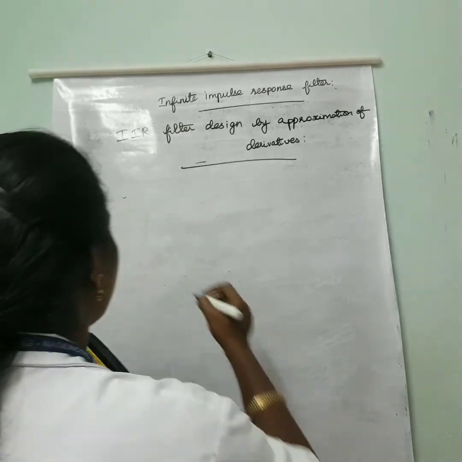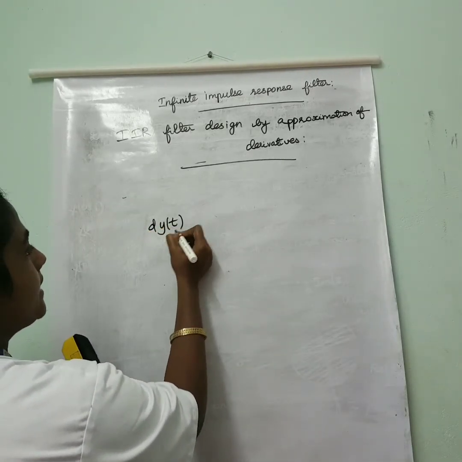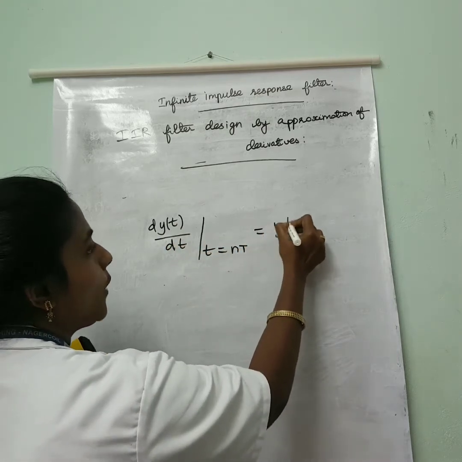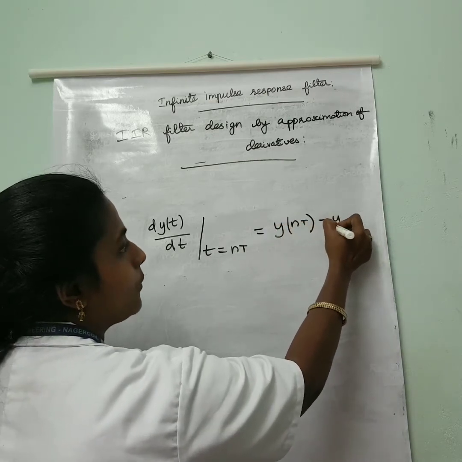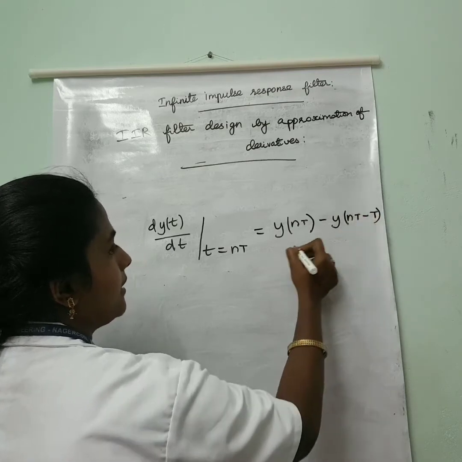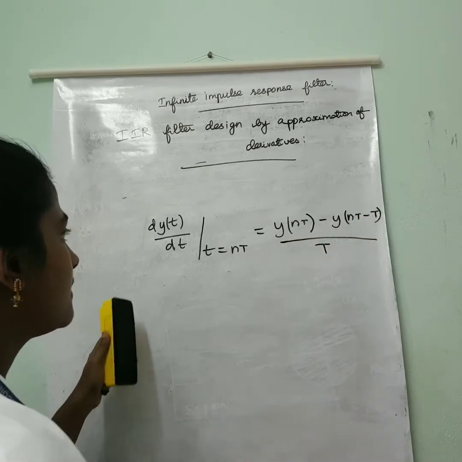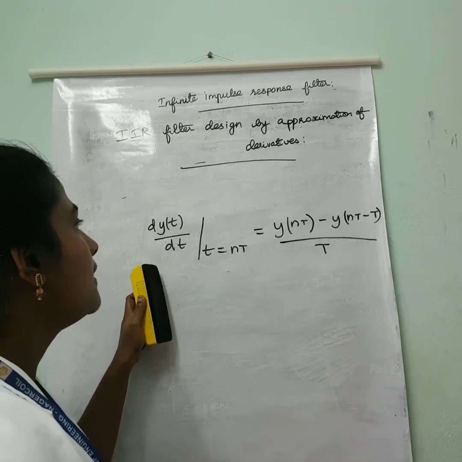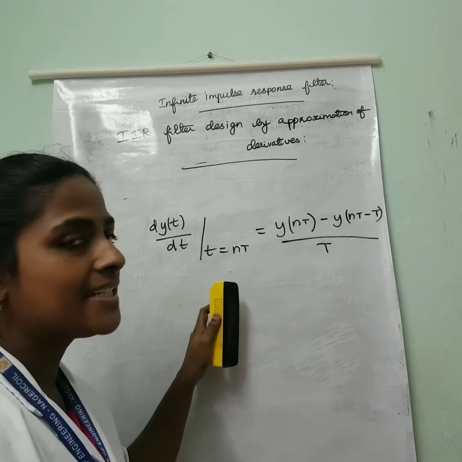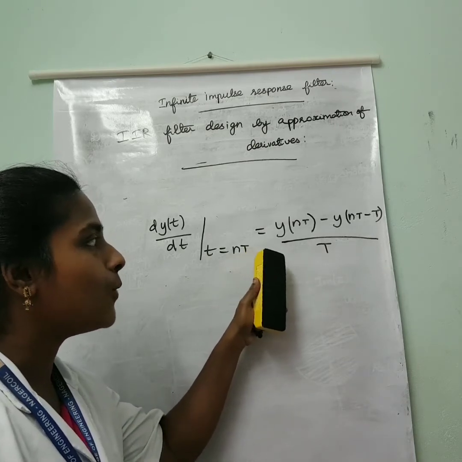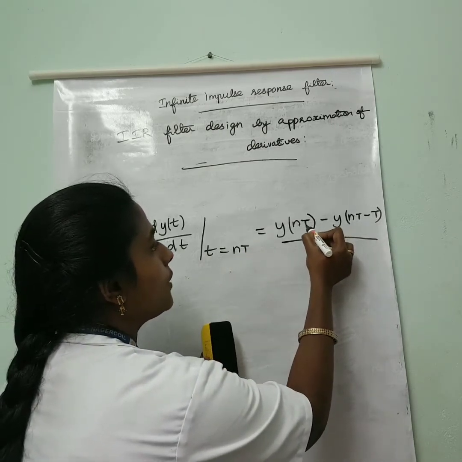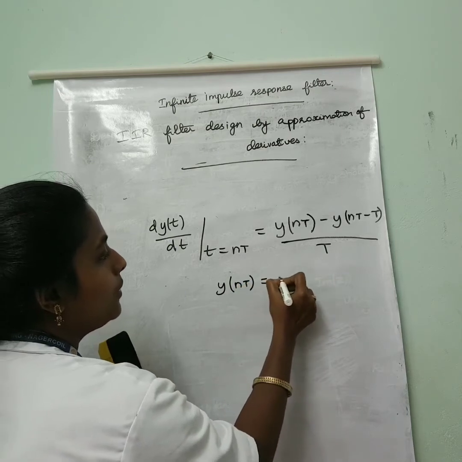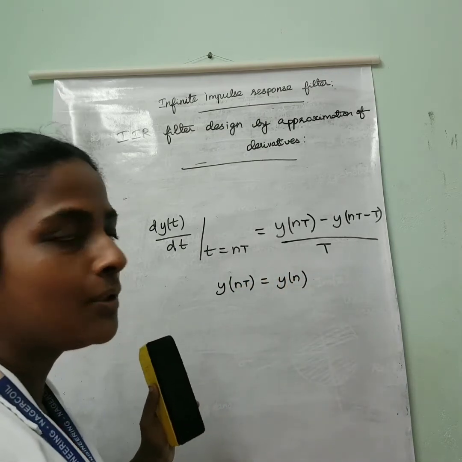We are approximating dy of t divided by dt at t equal to nT, that is equal to y of nT minus y of nT minus T divided by T, where y of nT is y of n.